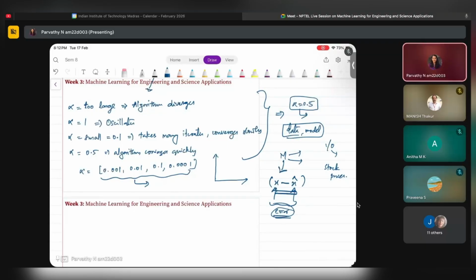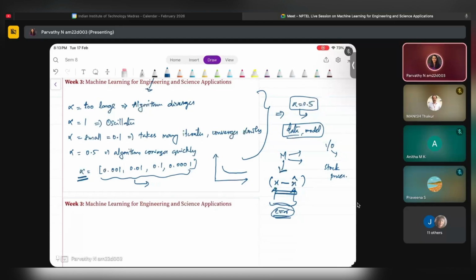And if I plot the error versus the alpha for different learning rates, and I see that for a certain value of alpha my algorithm converges, and the error is the smallest and also stabilized, like it's not changing after a certain number of iterations, then I can say that that is the best learning rate.